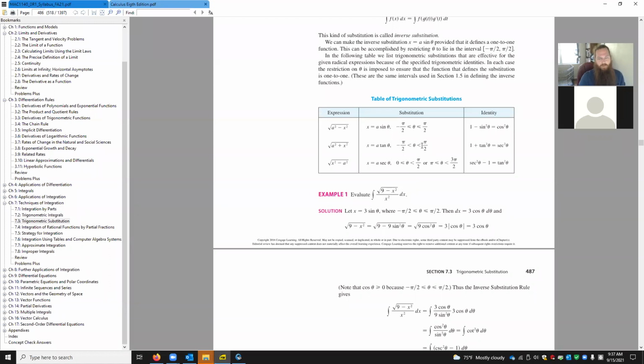And each inverse trig function has an associated domain restriction that we need to be mindful of. And that's what they're listing here. And the far right column is the identity that makes that substitution useful. This is just a rewriting of sine squared plus cos squared equals 1. And each of these are the Pythagorean identities just rewritten to isolate the term in question.